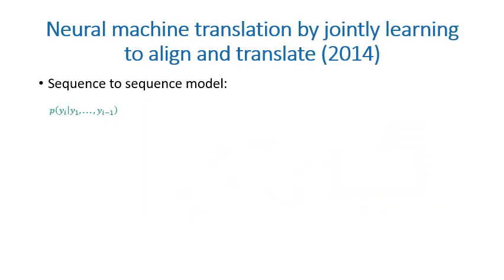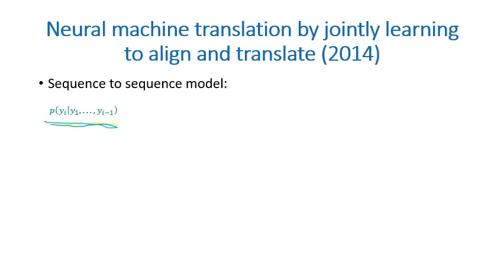This paper from 2014, titled Neural Machine Translation by Jointly Learning to Align and Translate, has a simple but elegant idea that I'm going to explain now. When you want to do translation or prediction for a sequence, conceptually this is what you need to do: compute a conditional probability.